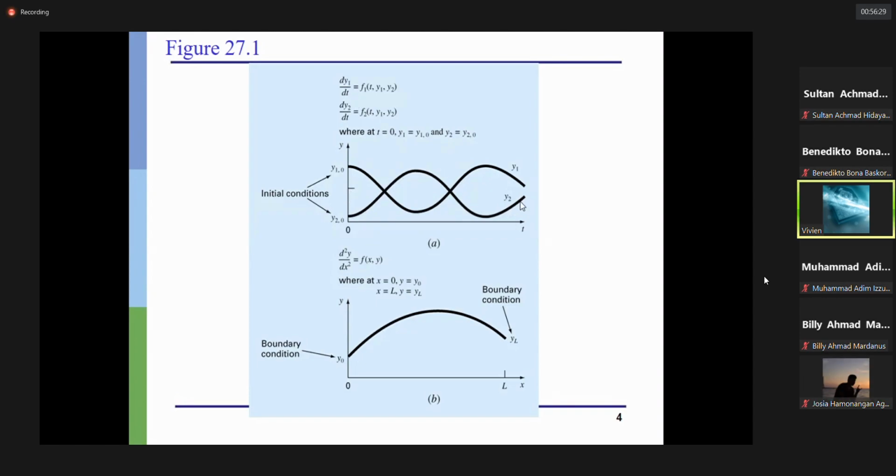So this is the initial value problem. If we have the boundary value problem, it means that we have one equation of the second order ODE, so that we will have one solution which is bounded by two boundary conditions. One is specified at x equals 0, and the other is specified at x equals L.